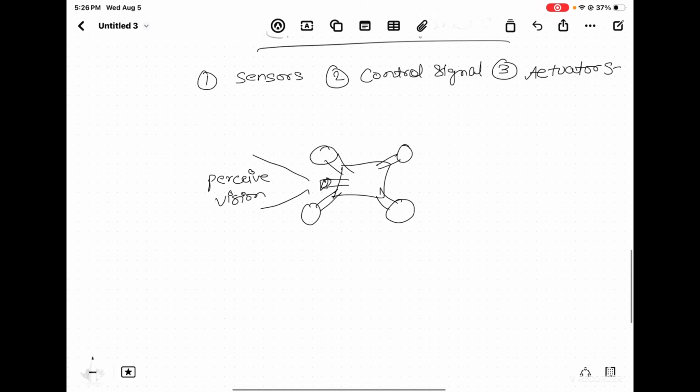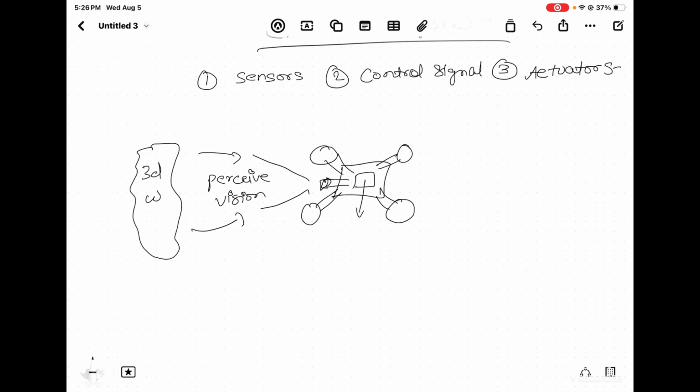Whatever object it sees in this 3D world, it perceives vision, and the sensor data is acquired and converted into digital information. This drone has a flight controller or microcontroller.